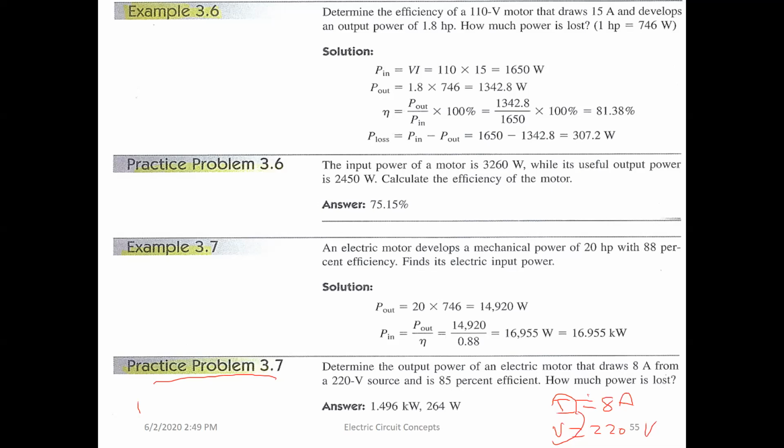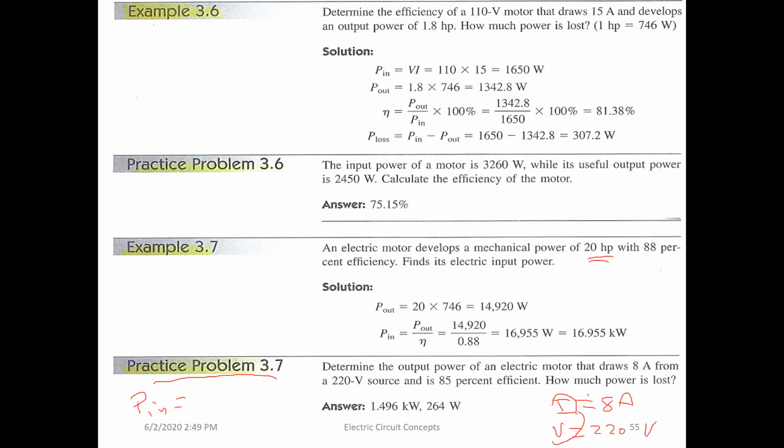So that means this is for our input. When you're given I and V, these are the two quantities that we need to use to determine Pin. So again, I and V are not related to the output. Output will be specified either in horsepower or in watts.